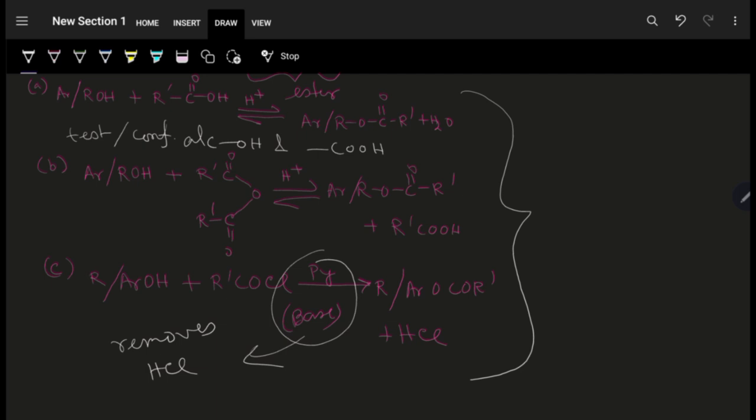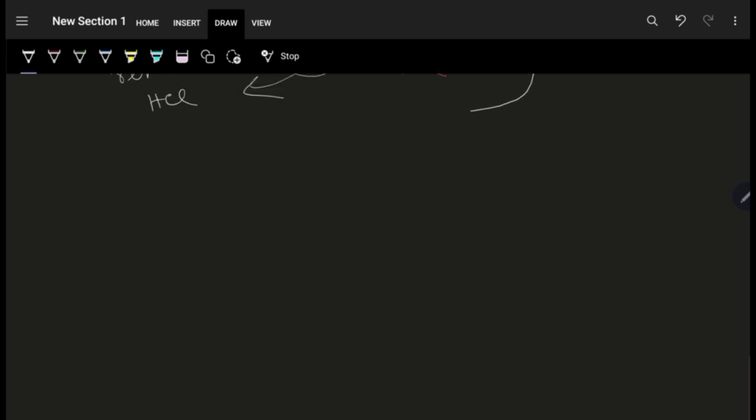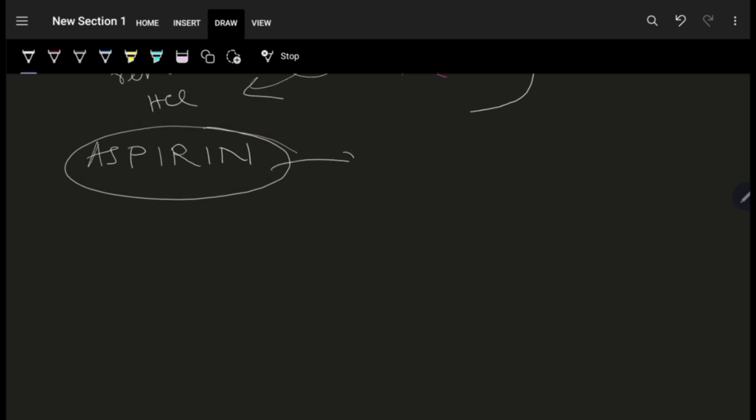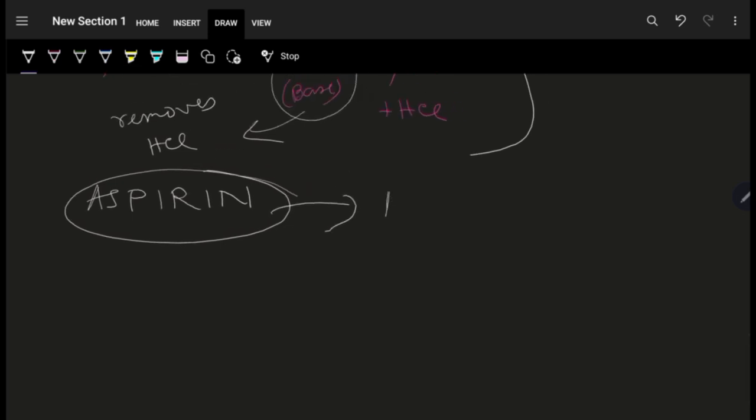Do you know that aspirin has medicinal character? Aspirin is a drug which is now banned, but it was rather used as an analgesic. Analgesic means painkillers.